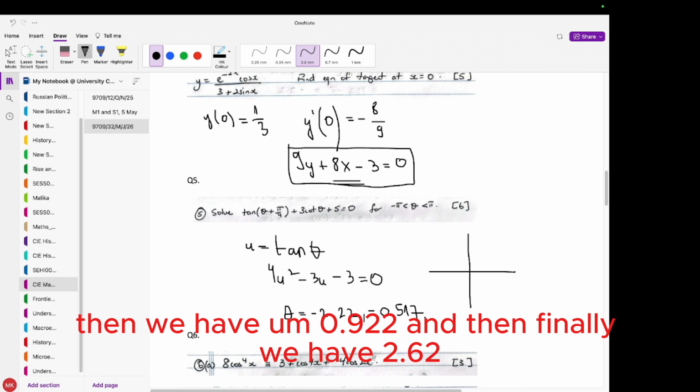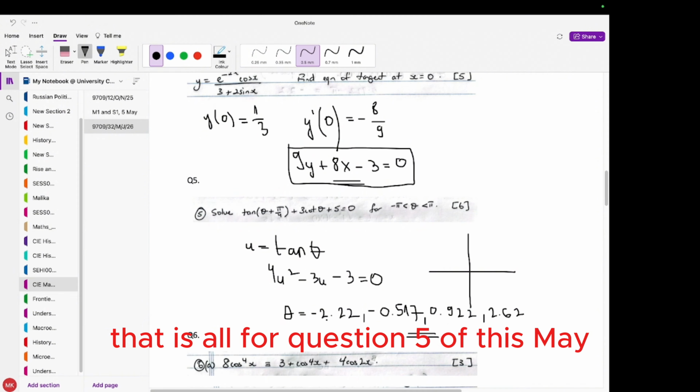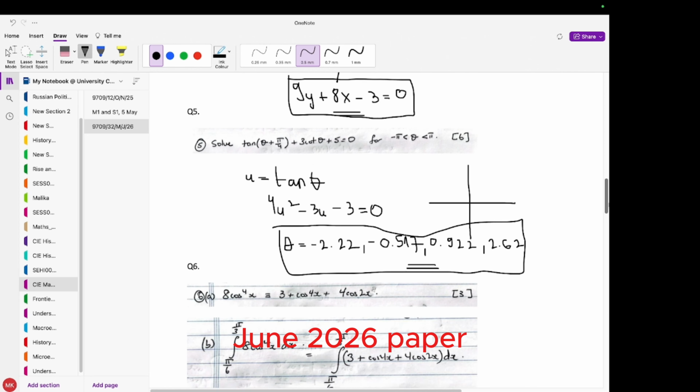Then we have 0.922, and then finally we have 2.62. That is all for question 5 of this May-June 2026 paper.